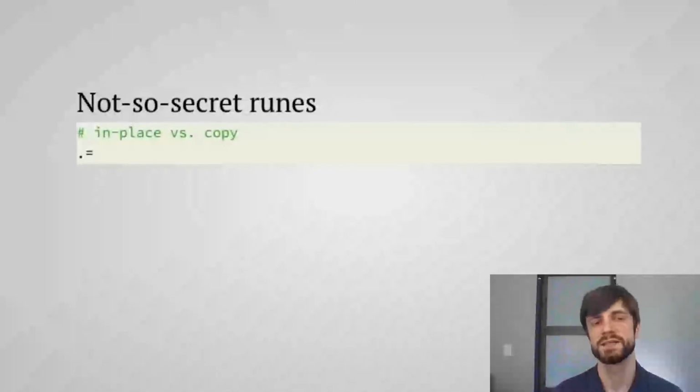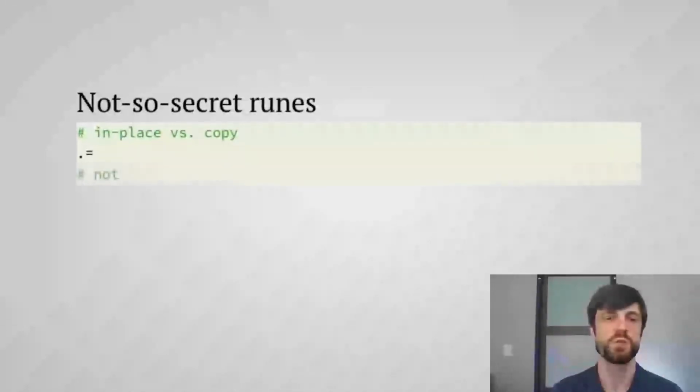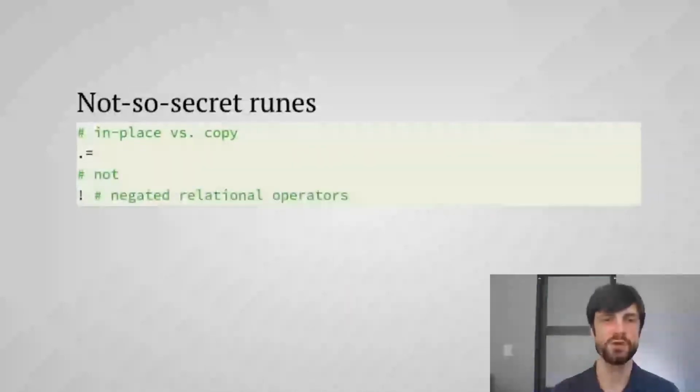Similarly, as I've already mentioned, we have not only a negation operator, but also a binary meta operator. So anything that we can do as an operator, we can do a not version as a negated relational operator. And that gives us all of the not versions essentially for free.